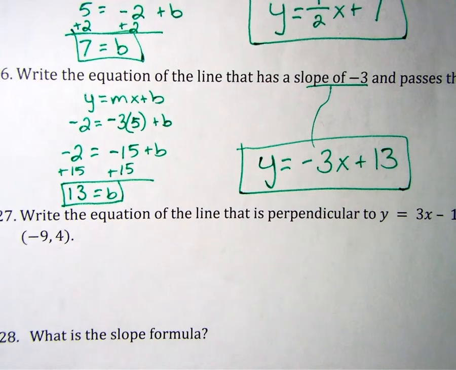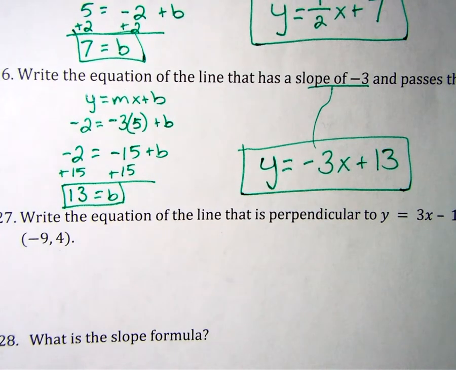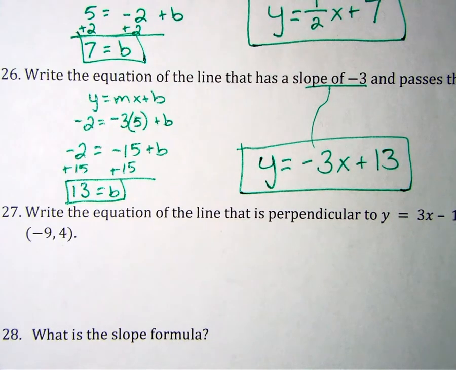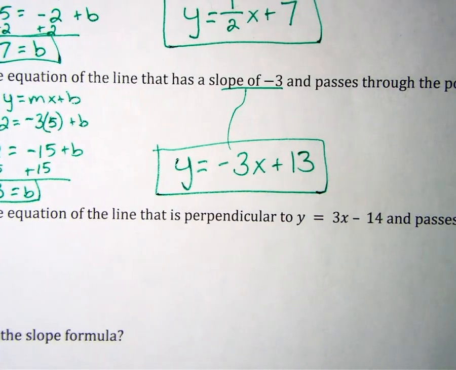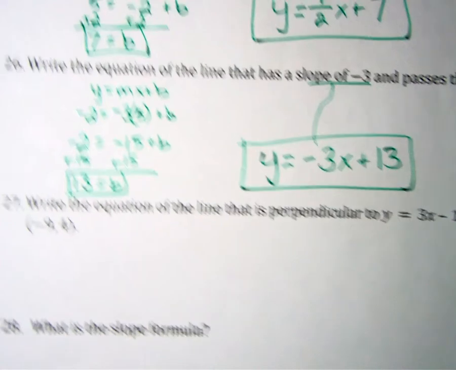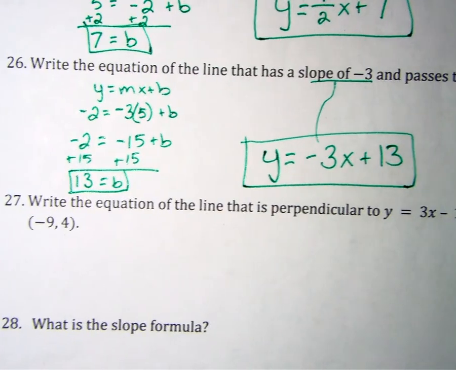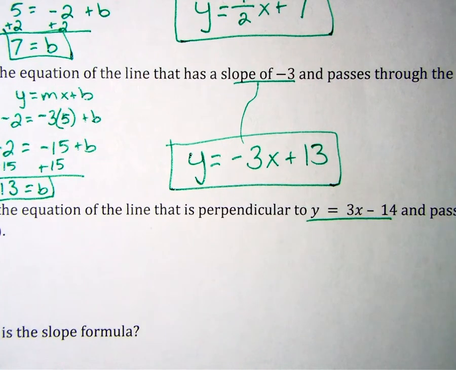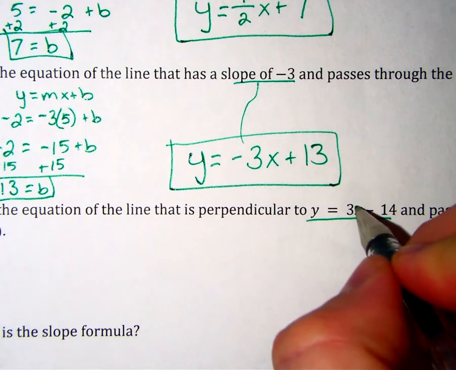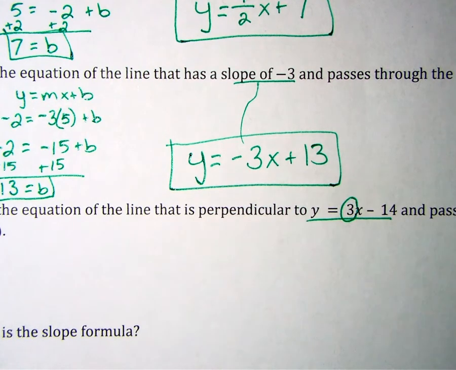Number 27, write the equation of a line that is perpendicular to y equals 3x minus 14 and passes through the point -9, 4. Well, the first thing we're going to do is look at this equation, y equals 3x minus 14. We want a line that's perpendicular to it, which means we're going to have an opposite reciprocal slope.